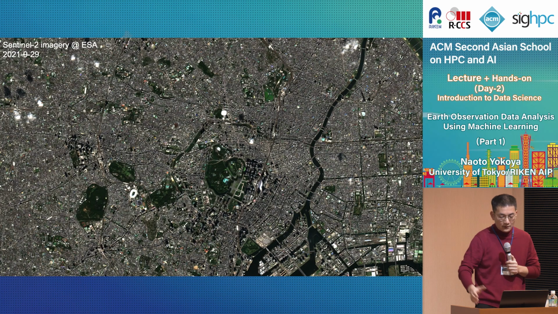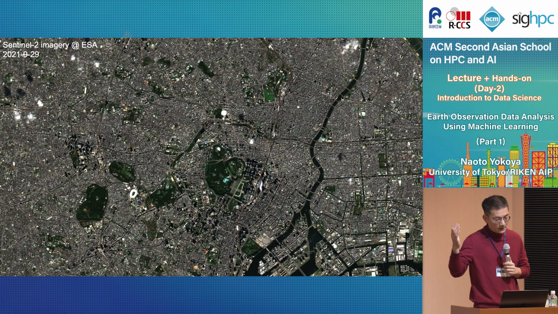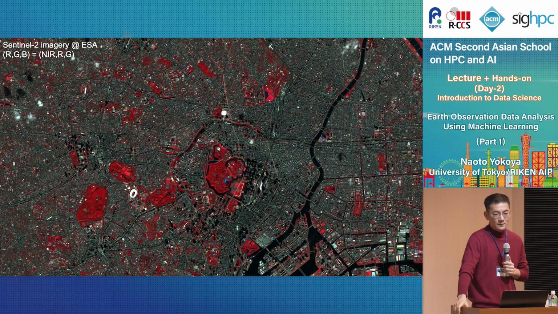Here is the RGB colored imagery, so this color is the same as how we see this world. But the sensors mounted on the satellites are not limited to the visible range. For example, we can acquire images in the near-infrared wavelengths.